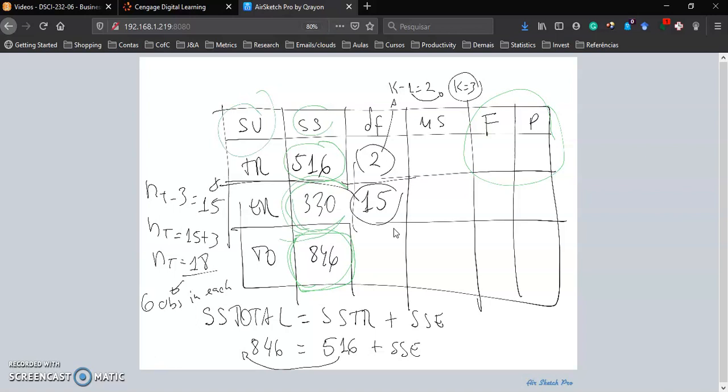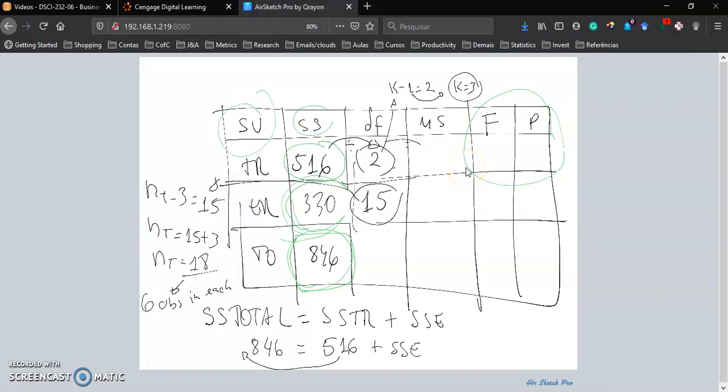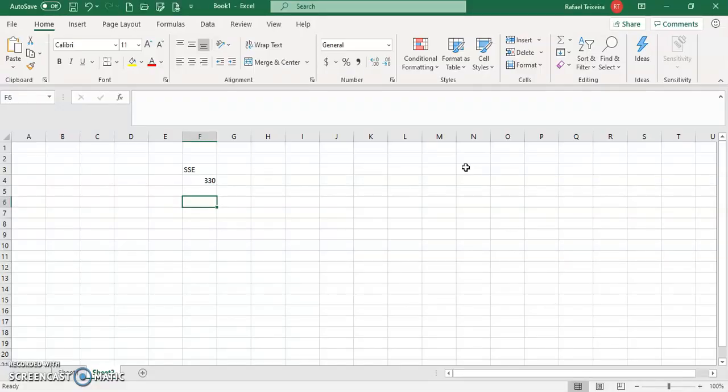Okay, now that I know all these pieces, I can divide this number by this number. And if I divide 516 by 2, I get the mean square. So if you don't remember, you can look here. Sum of square divided by k minus 1, and you got that. Okay, so 516 divided by 2, let me take a look.